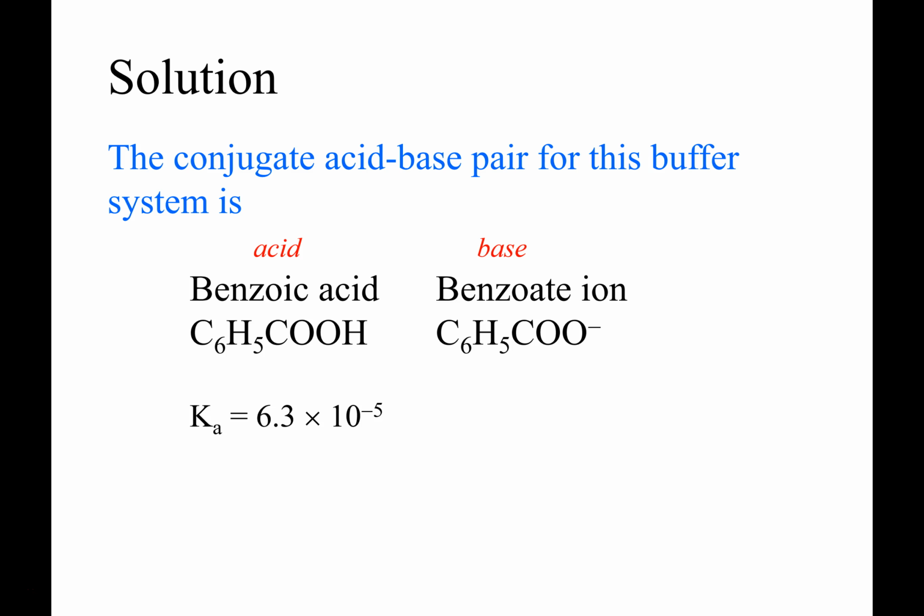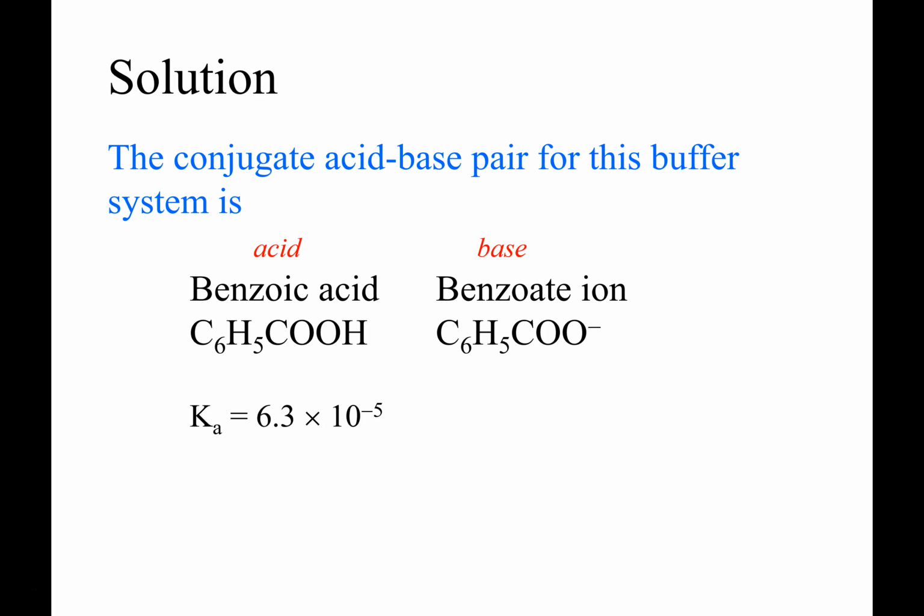In the Henderson-Hasselbalch equation, we need the Ka of your conjugate acid, because there's a term, the pKa. How are we going to get pKa from Ka? Negative log will do it.